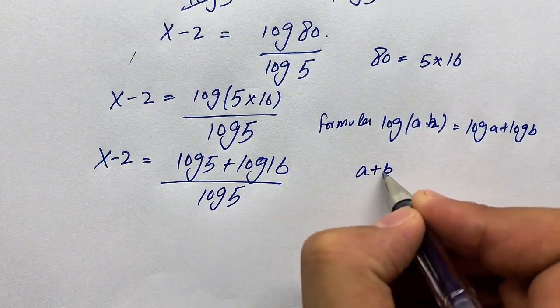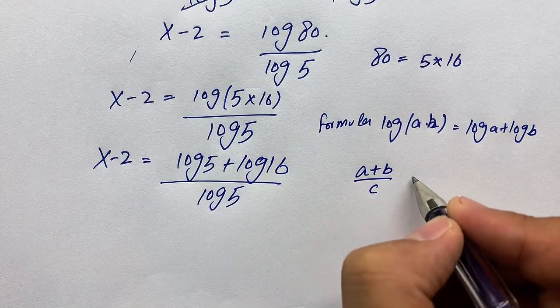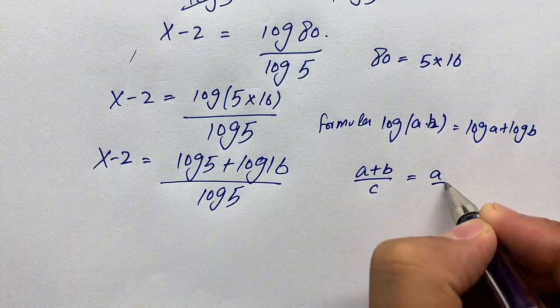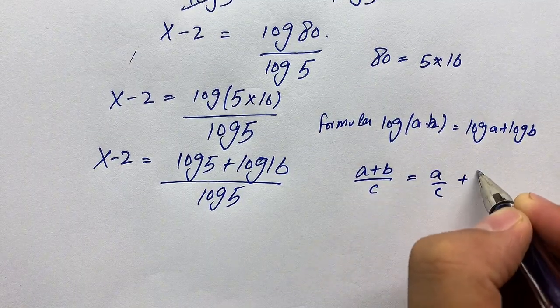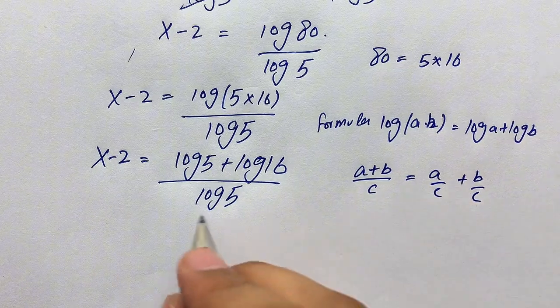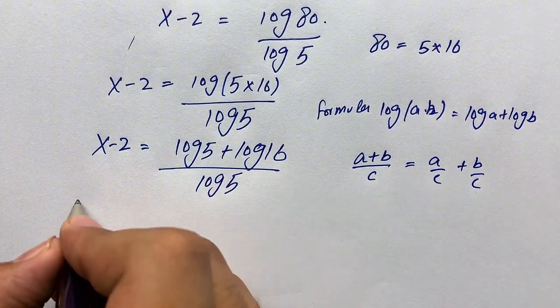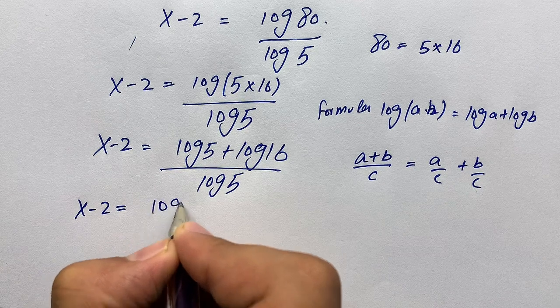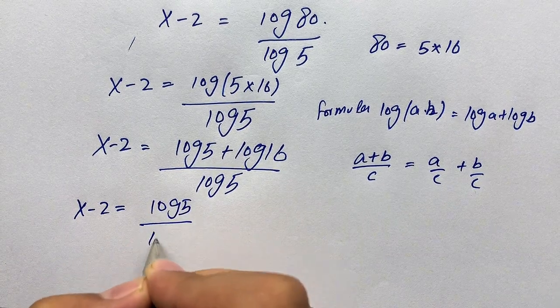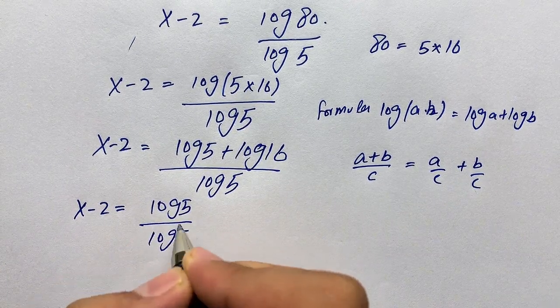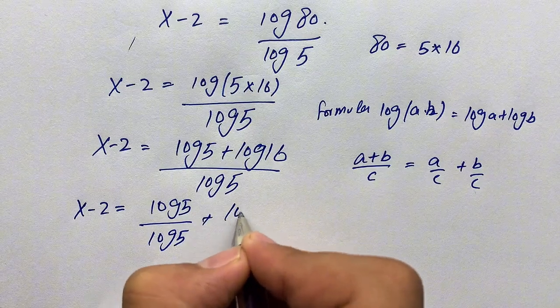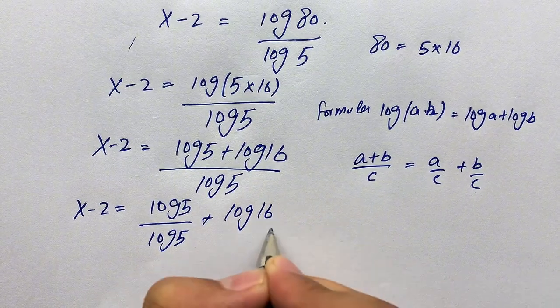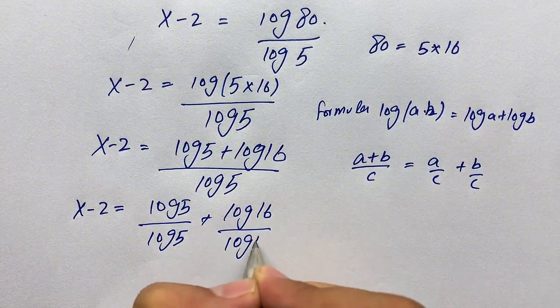Now A plus B divided by C is equal to A divided by C plus B divided by C. And this will be x minus 2 is equal to log of 5 divided by log of 5 plus log of 16 divided by log of 5.